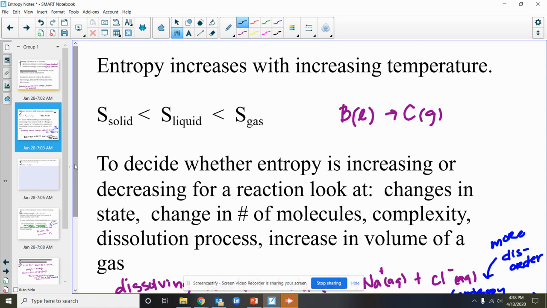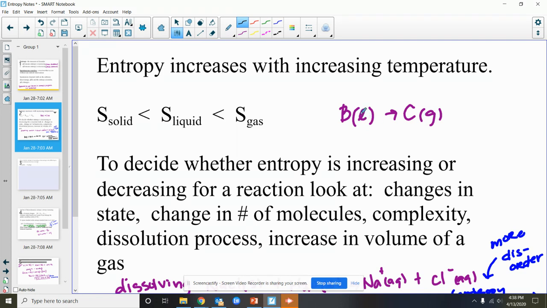So we are going to look at different ways that you can decide whether entropy is increasing or decreasing. State of matter, absolutely number one. Look at whether it is changing. Is it going from a solid or liquid to a gas? For example, I have this little equation right here. I have my B molecule, which is a liquid, and it's going to change into a gas on the product side. So this would be an increase in entropy.